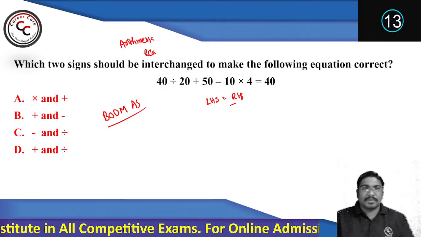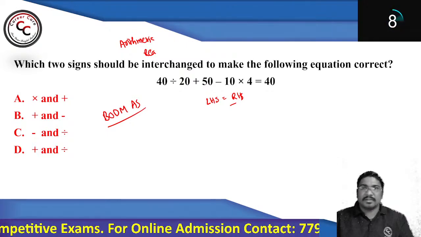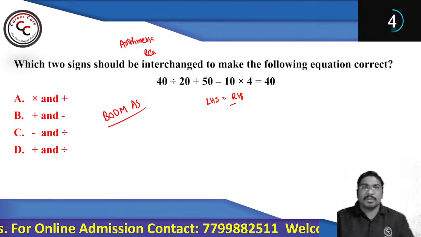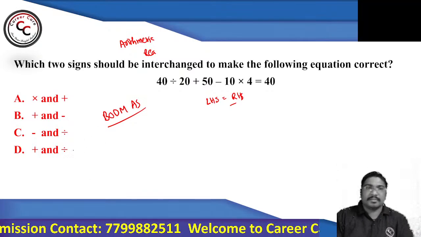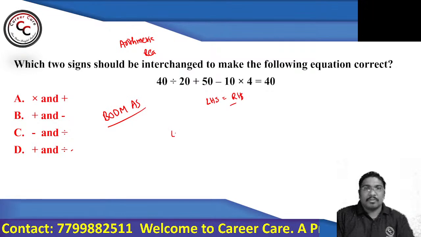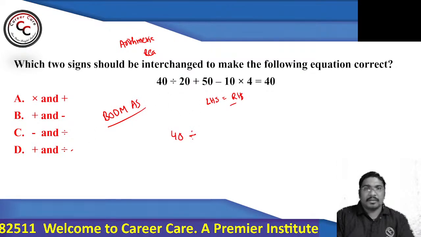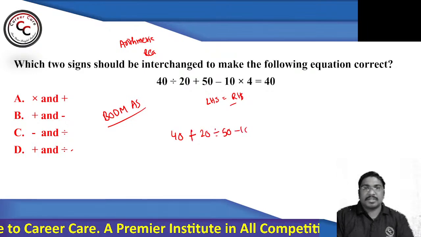So for these kinds of questions, if you see, there is no shortcut. Directly you can pick any option and check which one is possible or not. Right? For example, I am taking option number D. For example, 40 plus and divided by interchange. 40 plus 20 divided by 50 minus 10 into 4.